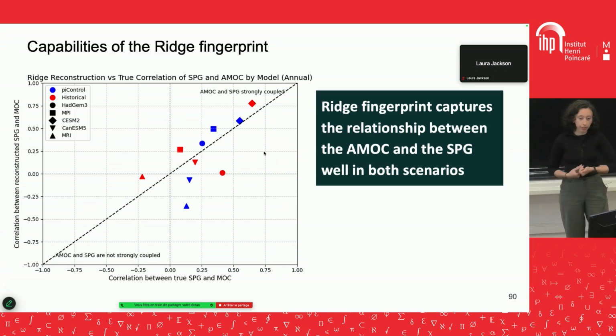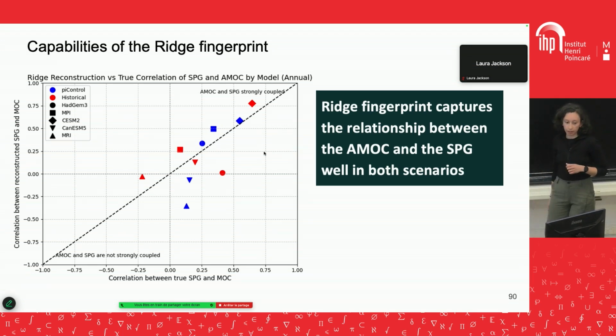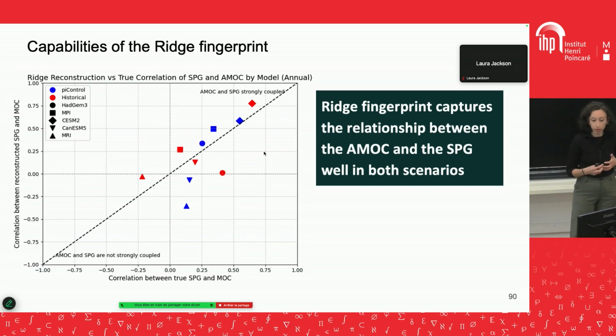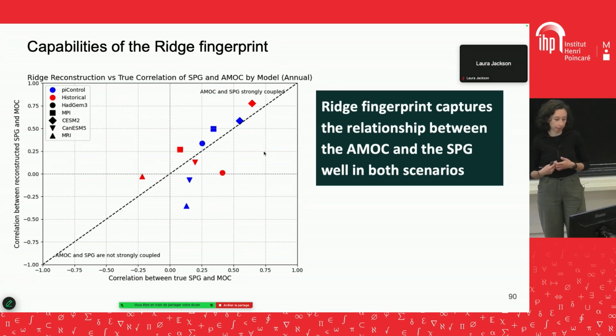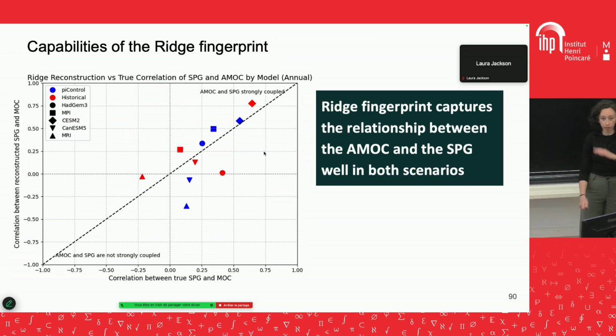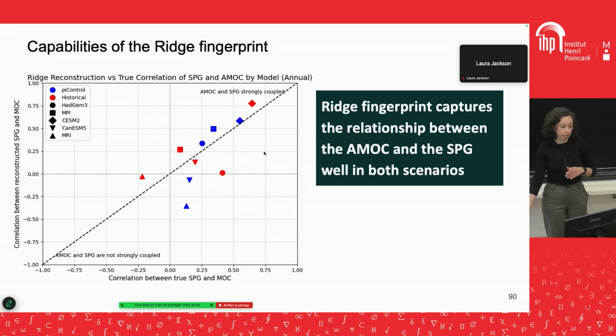And we see that since most of the results are clustered in the positive top right quarter, AMOC and SPG are correlated in the models and scenarios I have used. And since my results mostly lie on the y equals x line, the fingerprint is able to capture this relationship in both of these scenarios.